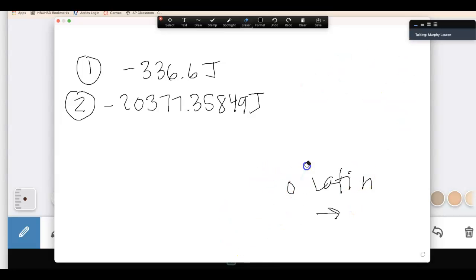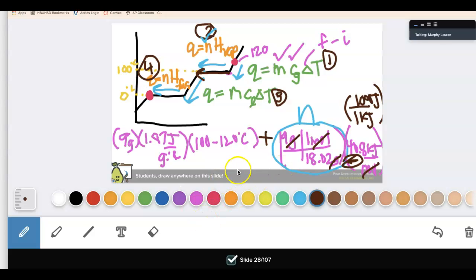So that was equation 2. All right, I'm going to erase some of this.